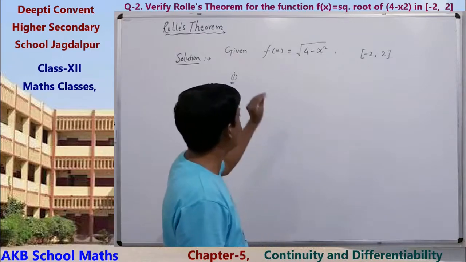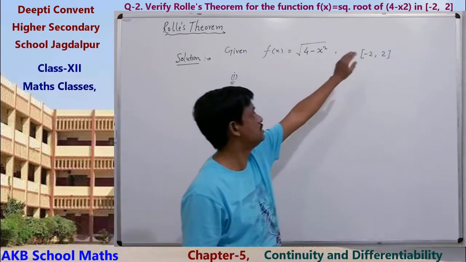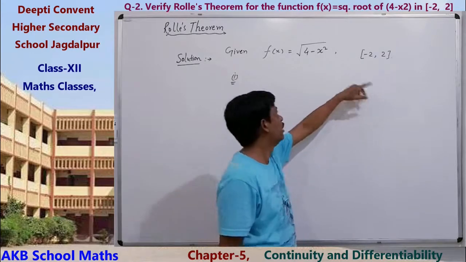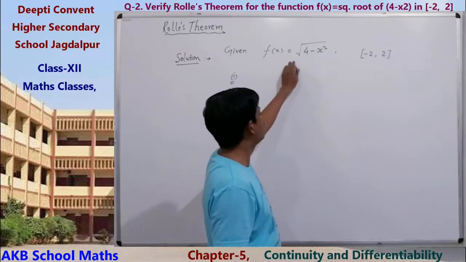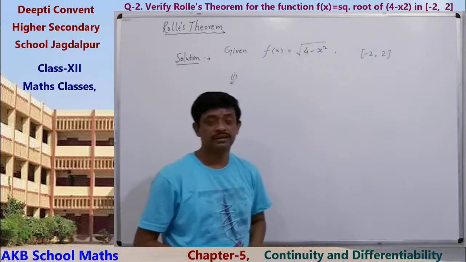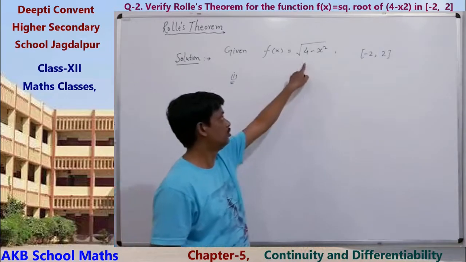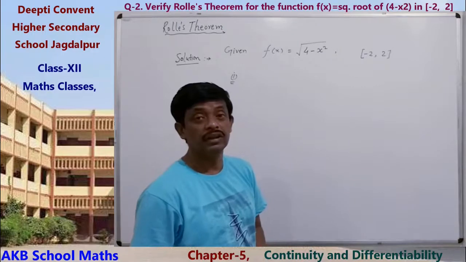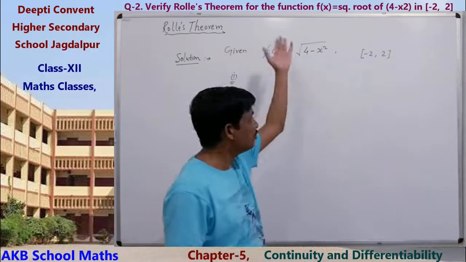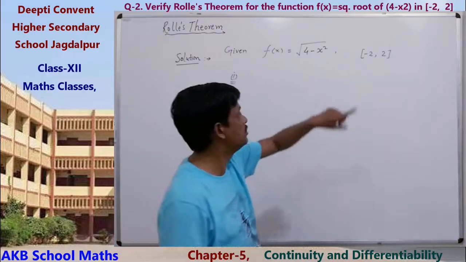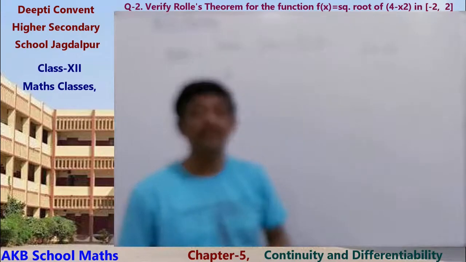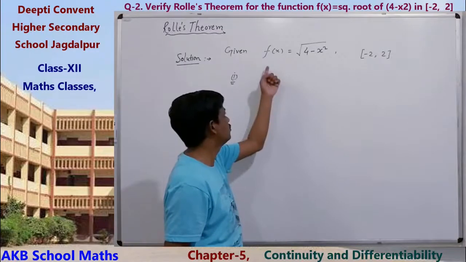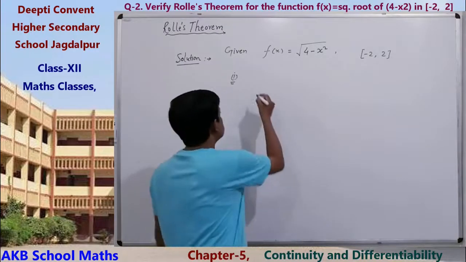Since for each value of this interval, f x has a definite and unique value, the limit of this function and the value of this function for each point of this interval will be equal. So the function will be continuous in the interval.